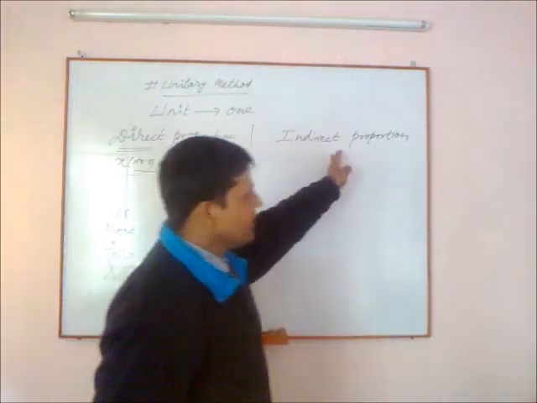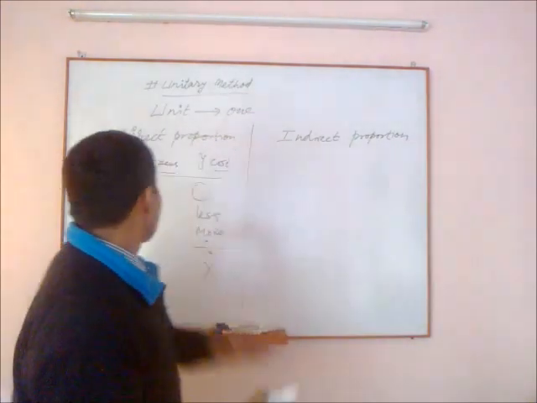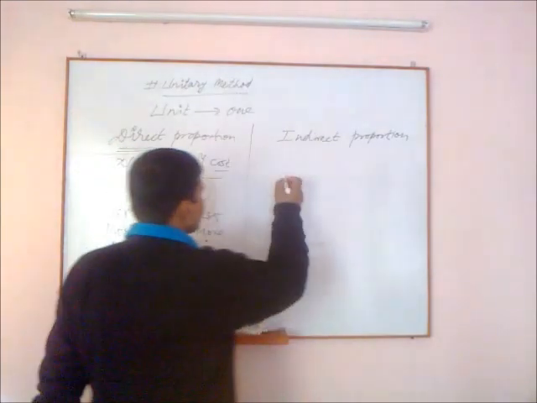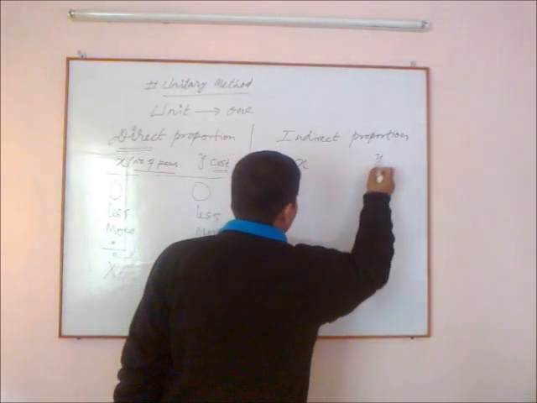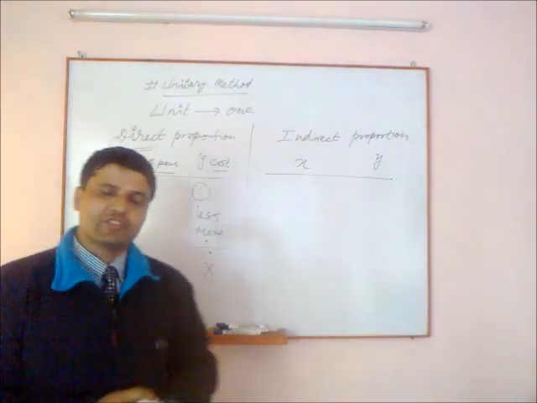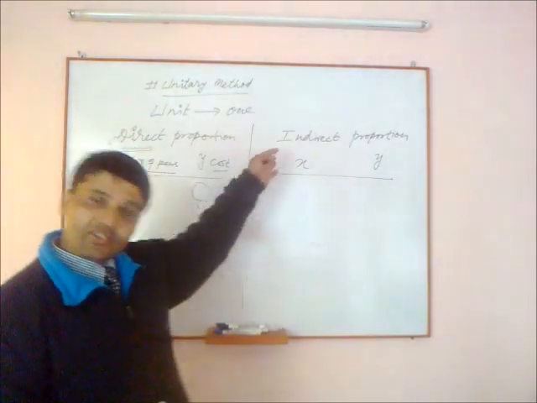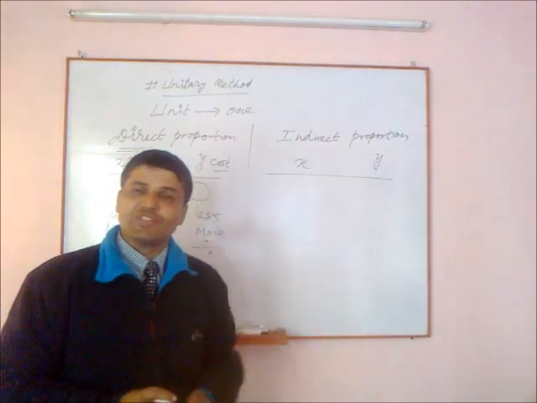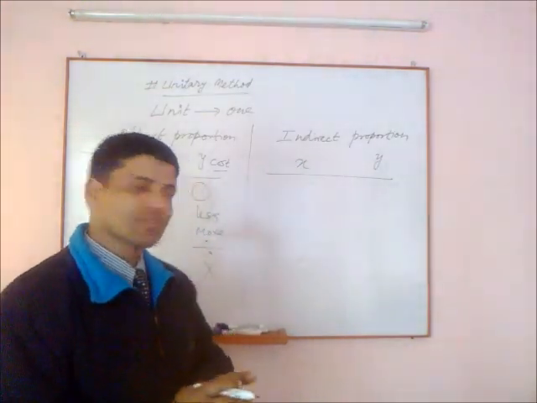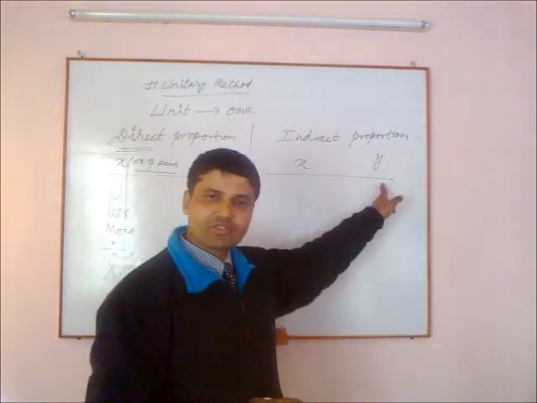On the other hand, in indirect proportion, it is just the opposite of direct proportion. It means if there are two variables, say x and y, if x is increased, y will be decreased. If x is decreased, y will be increased. Just the opposite operation happens in these two variables.